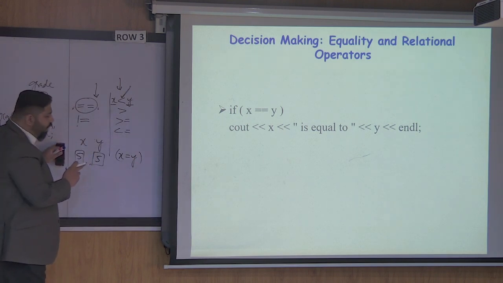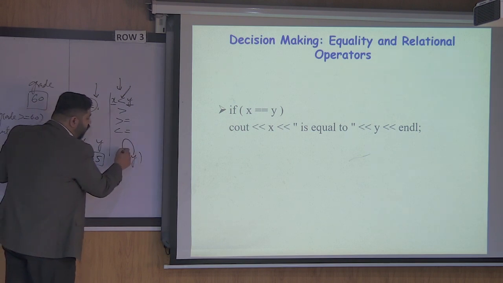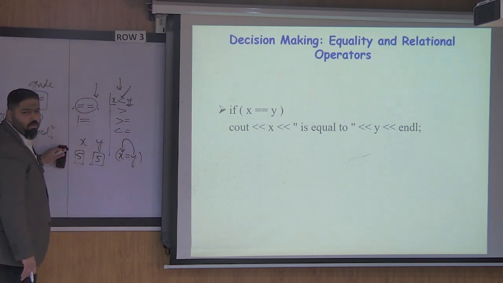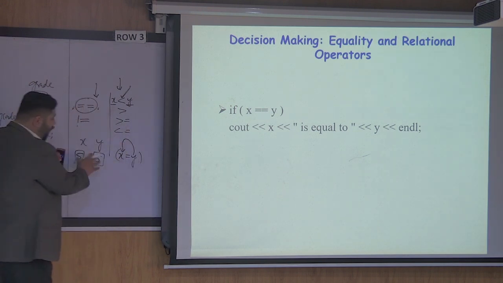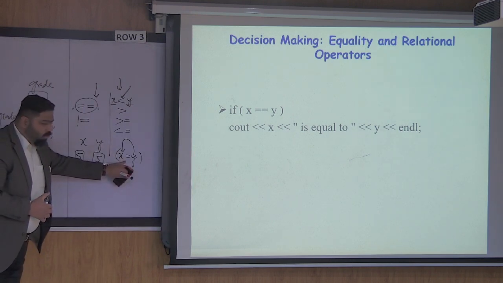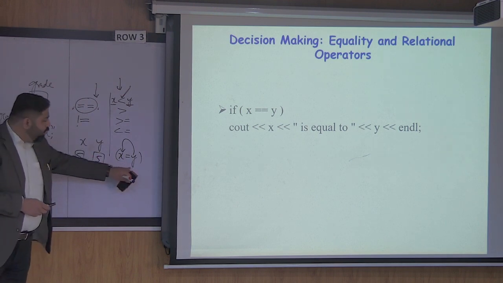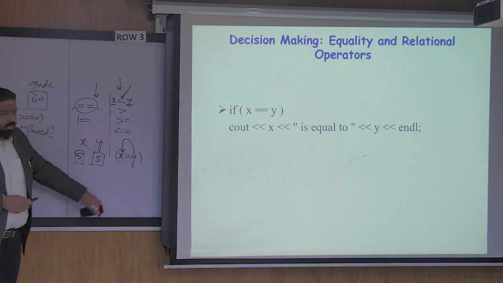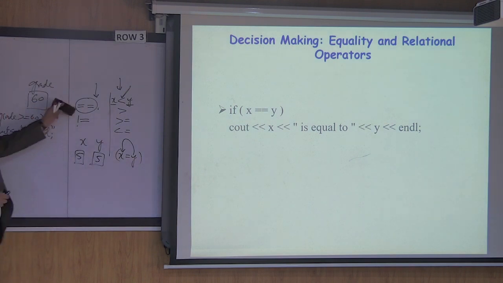Because if we write a single equal to, in C++ it will assign the value of y to x, which is not desired. We are not assigning any value, we are comparing whether the values are equivalent or not. So single equal to is the operator used for assigning a value from the right hand to the left side of the operator. This is the source, this is the destination. However, this operator compares the two values.